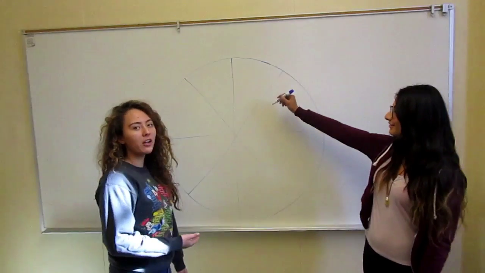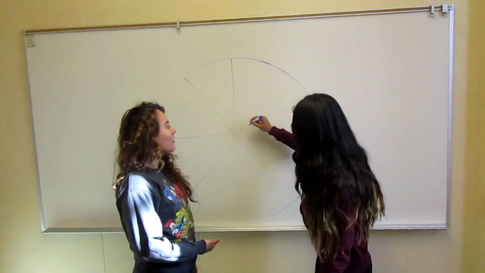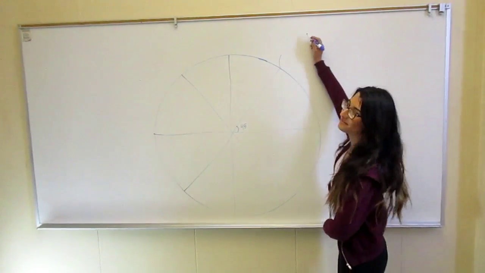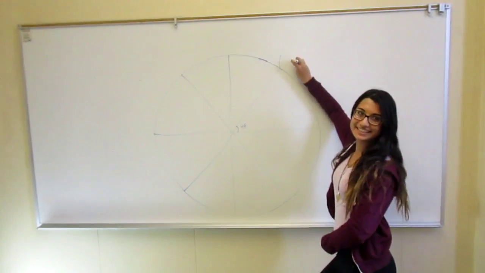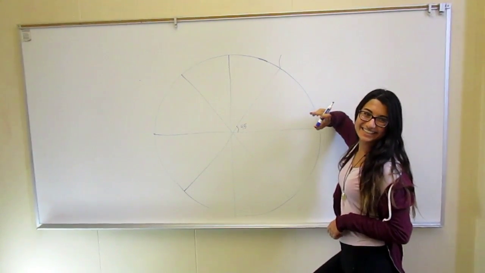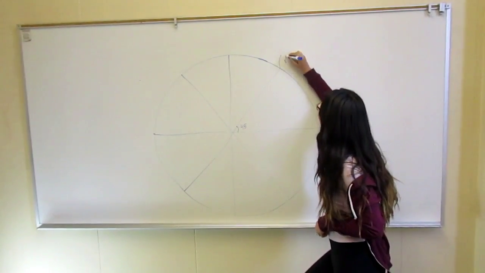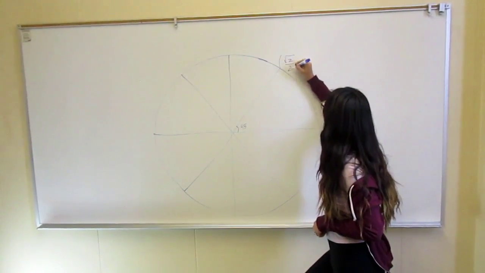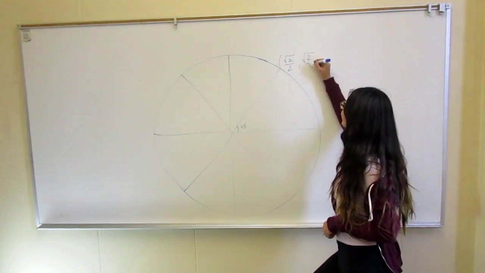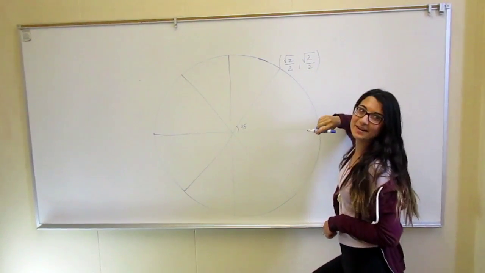The objective for today's lesson will be the unit circle. Does the class know the endpoint for the first one? Square root 2 over 2 for the x, and then the y is going to be the same thing. Dylan, can you explain why it's positive?